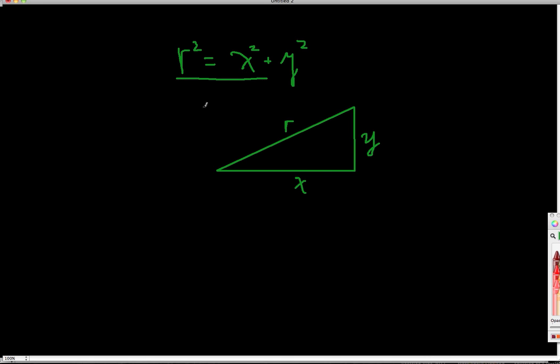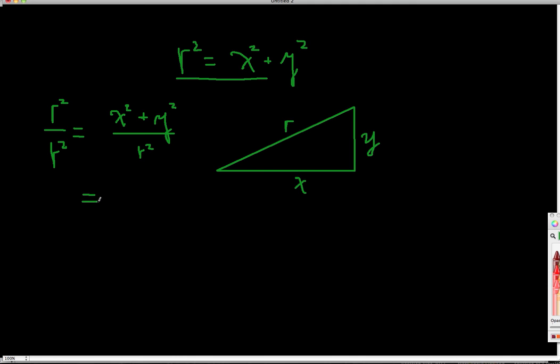Now let me divide through by r squared. If I divide this expression by r squared, I get r squared divided by r squared is equal to x squared plus y squared, divided by r squared.